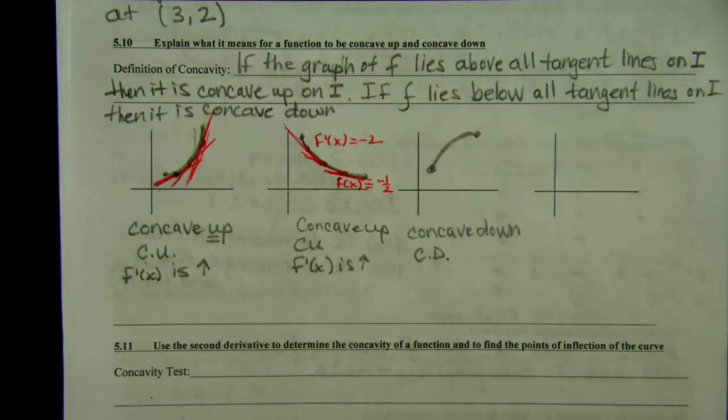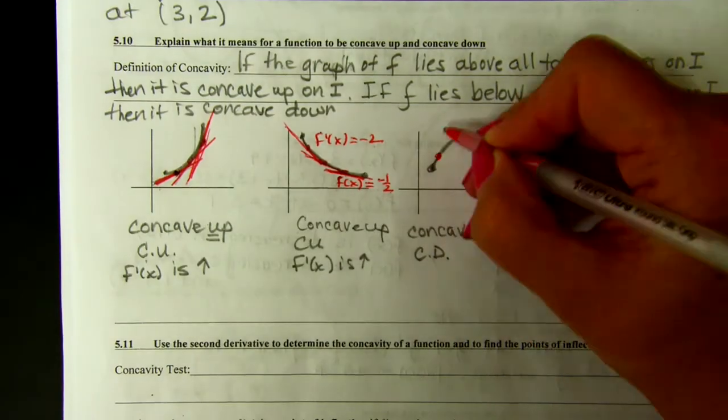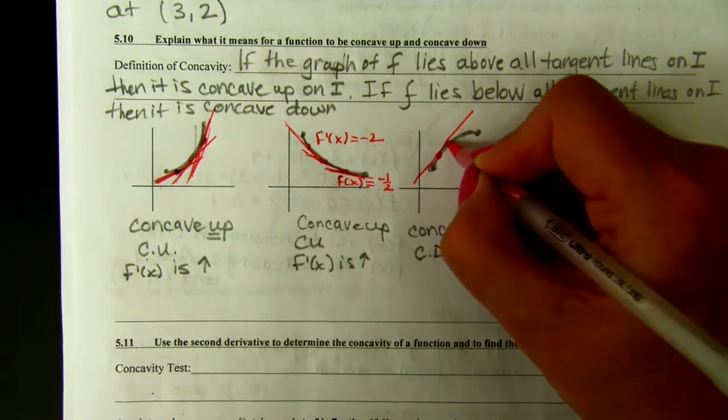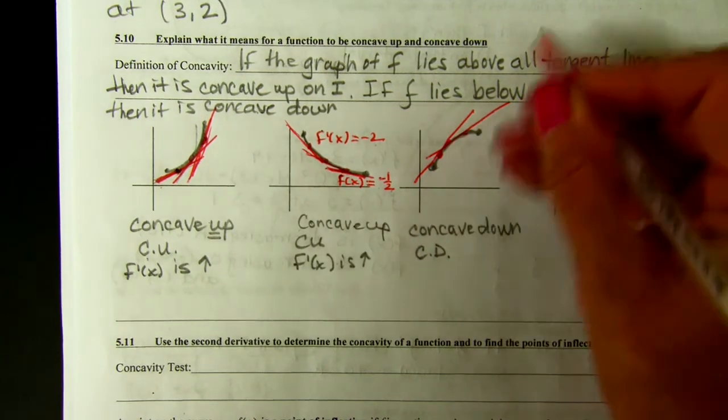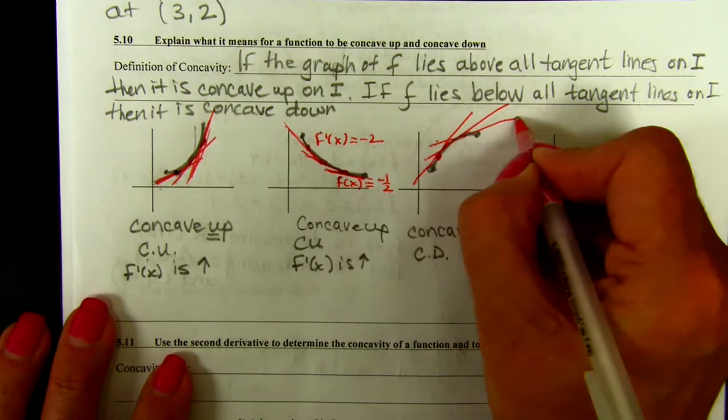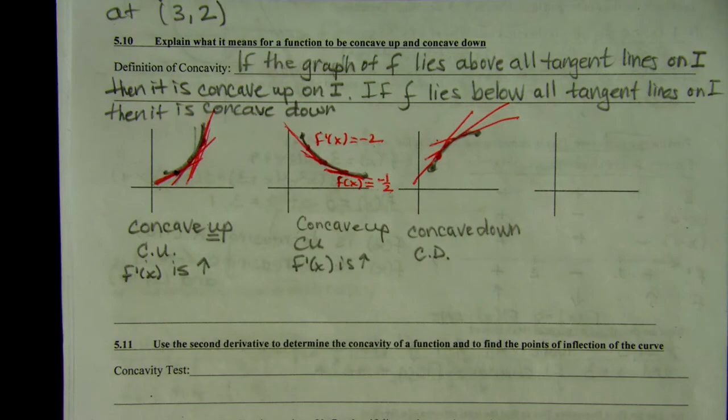Okay, so here we go. Let's draw the tangent lines. Here's a tangent line right here. Here's a tangent line right here. Here's a tangent line right there. Okay, and we can see from all of those that those tangent lines lie below.